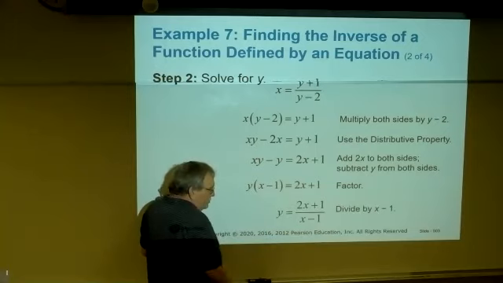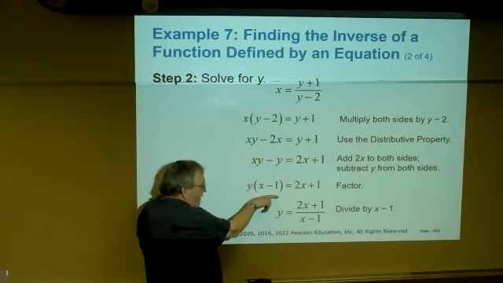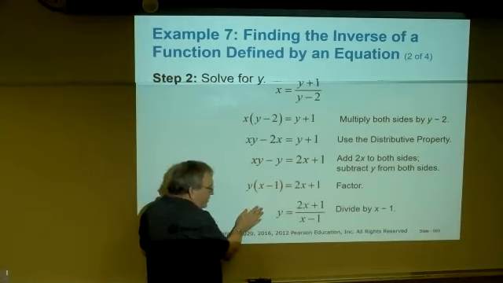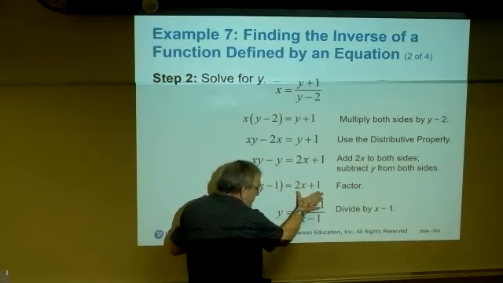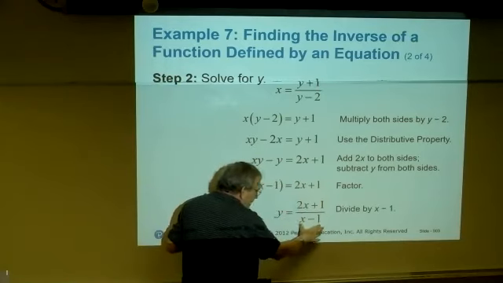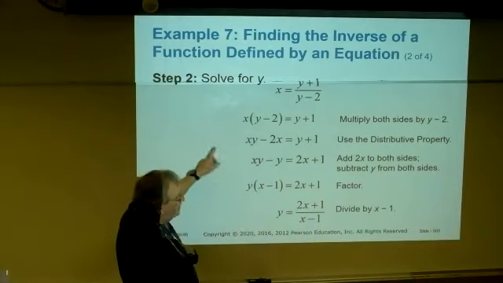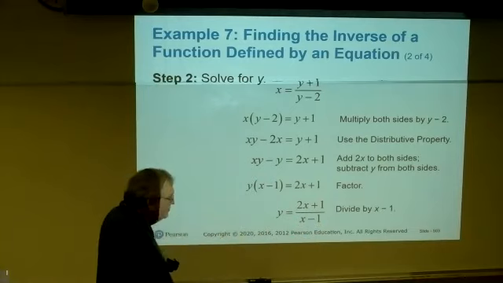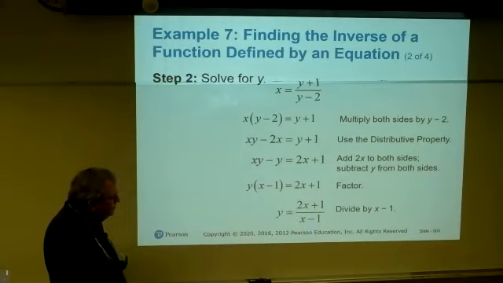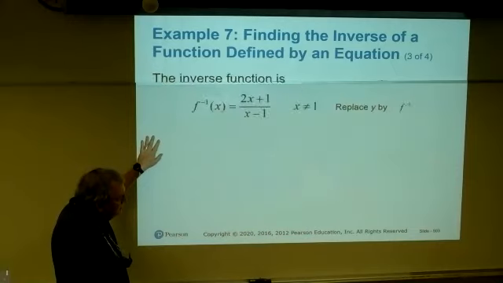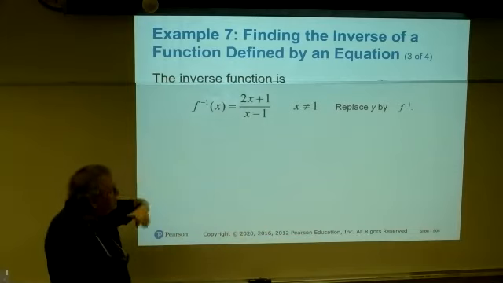Because if I divide by x minus 1, these go to 1 and it disappears. And I just have 2x plus 1 divided by x minus 1. And then I just replace y with f inverse of x, which is what they do on the next slide. And so there's my inverse function.